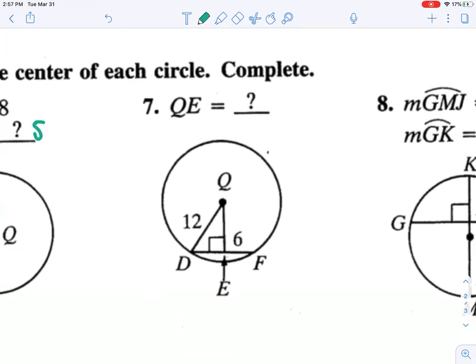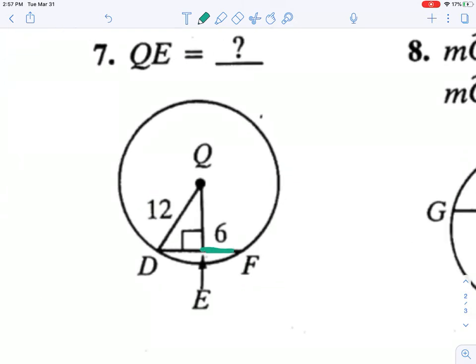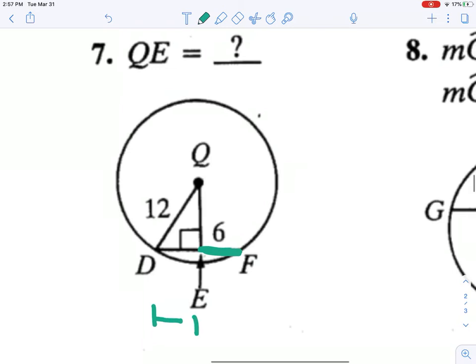In number 7, honestly, I am not quite sure what's going on in number 7. I can't tell if the 6 is telling you EF or QE. I do not know. I think it's telling you EF, which would mean that DF is 12, because they would both be 6. What is it asking for? QE.